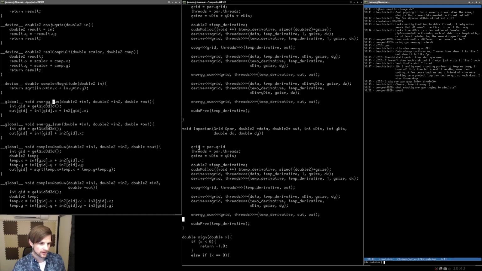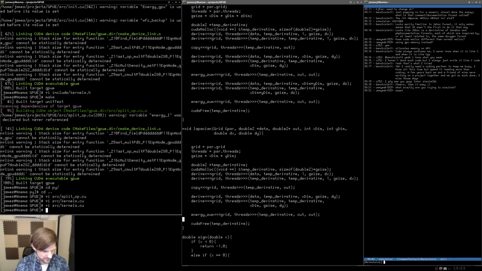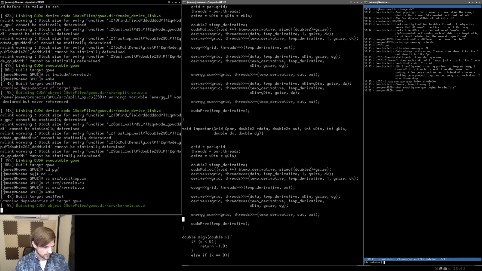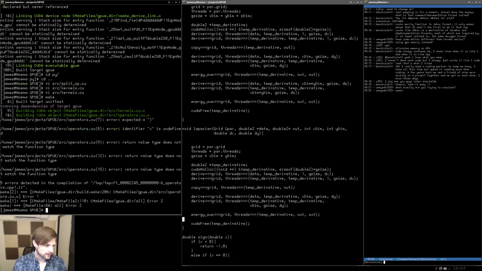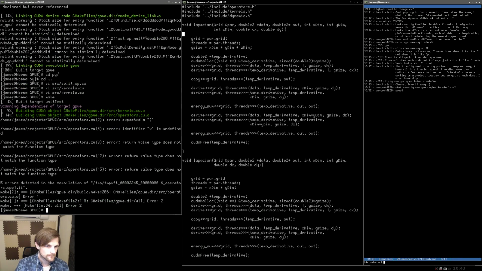So let's just double check this real quick. Grid threads. Let me go ahead and run make to make sure it builds, because there could be an error somewhere in here. Aha, there is. So let's go to line 7. Laplacian, what's your problem? Error: expected a comma or a parenthesis. Identifier x is undefined.